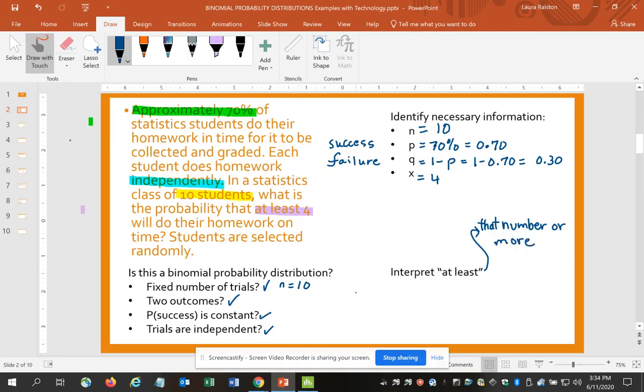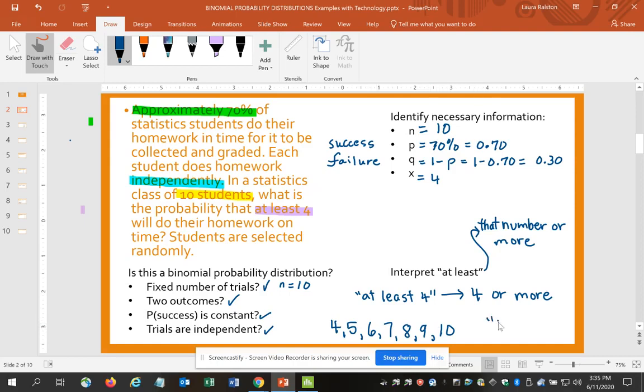So when I see the phrase at least 4, in my mind I'm thinking 4 or more. In this case, that means I could have 4 or 5 or 6 or 7 or 8 or 9 or 10, because the total number is 10. So I can have any of those 7 options.